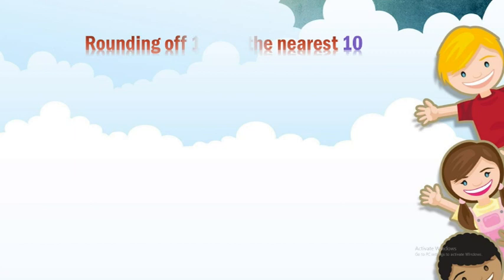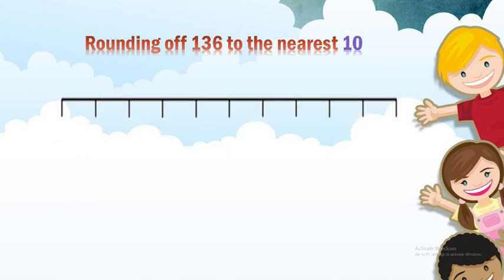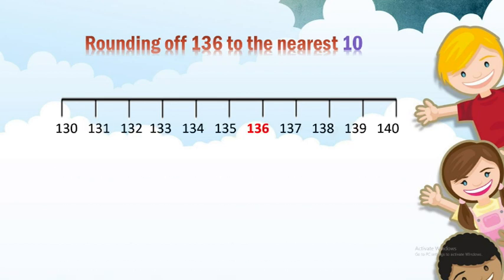Students, look at this number. This number you have to do on a number line. Rounding 136 to the nearest 10. At first, you have to draw a number line. After that, write the digits. You have to start with 130 up to 140. Right? 131, 132.